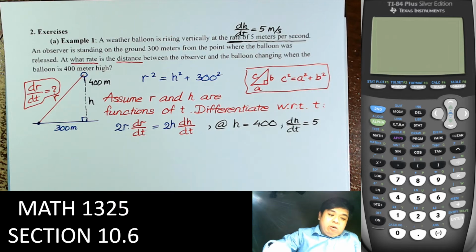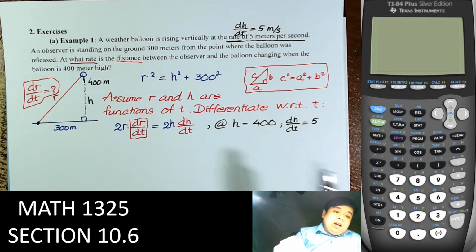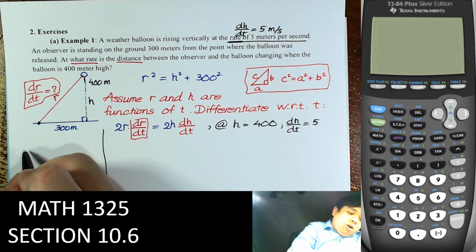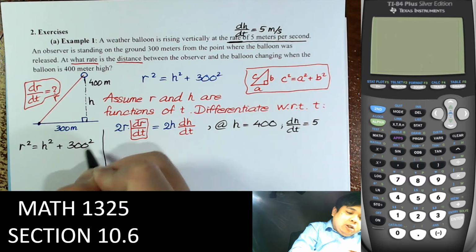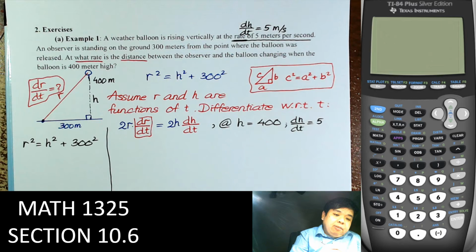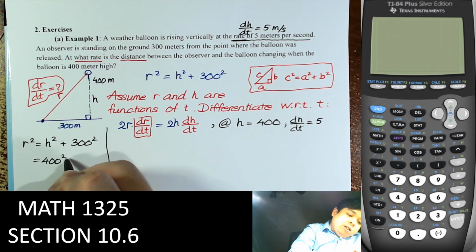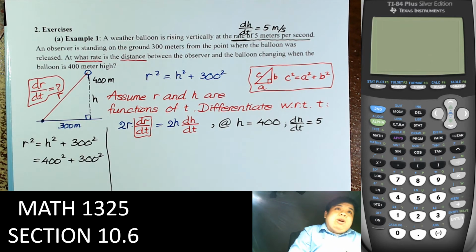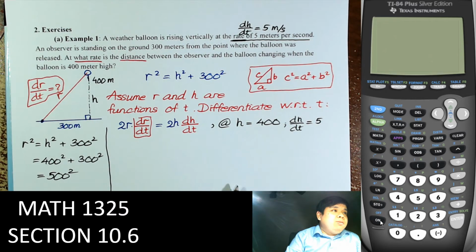We looking for dr over dt, so we still need to know r, right? Luckily we still can use that equation, r square equal to h square plus 300 square, right? So h is 400. Just put it here. Right, so just like 3 square plus 4 square is 5 square, this is 500 square. Right, of course.